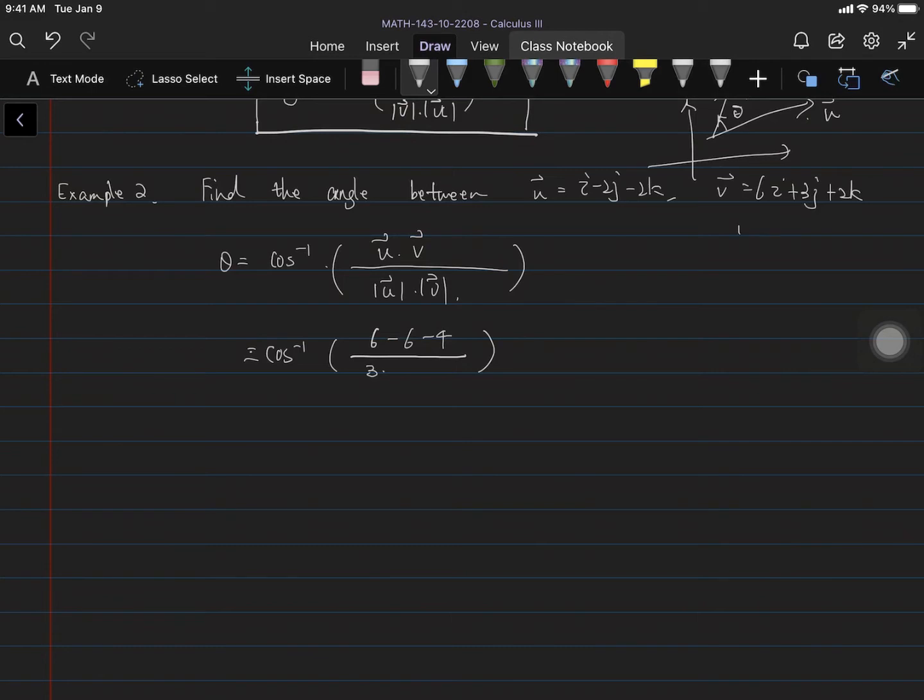The length of v: 36 plus 9 plus 4 is 49, the root of which is 7. Now let's simplify. This equals cosine inverse of negative 4 over 21. We can just leave the answer like this, because we don't use a calculator, right?